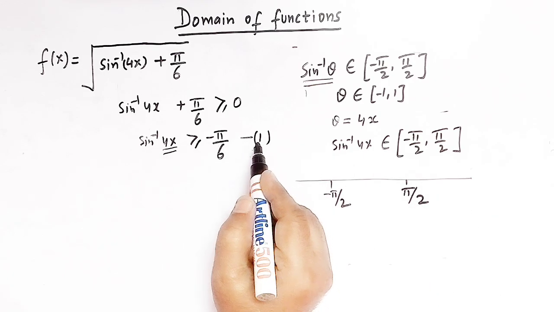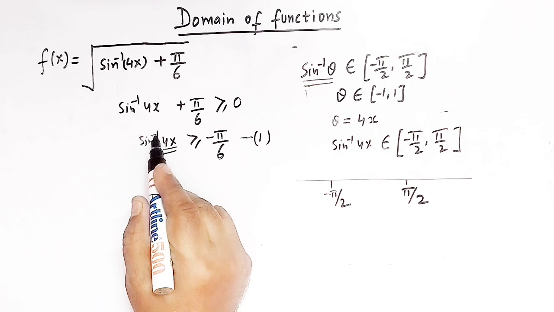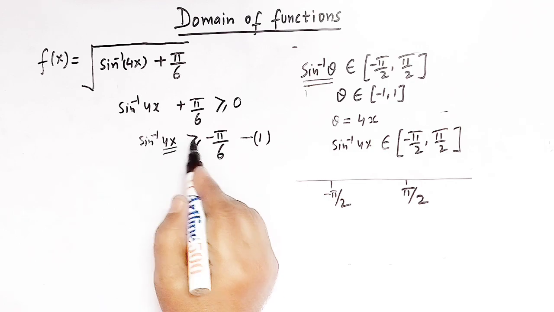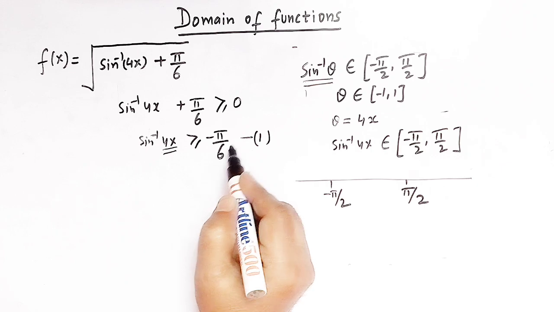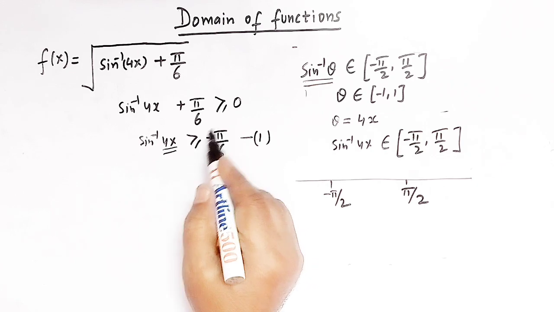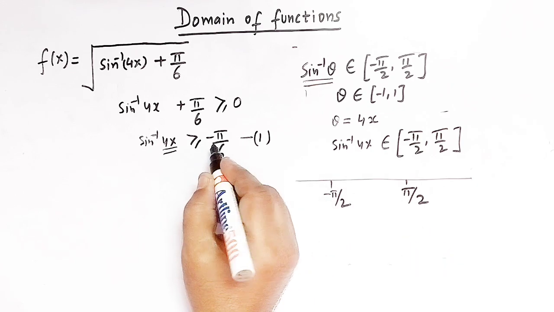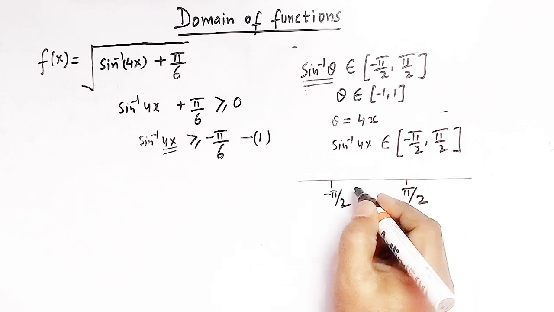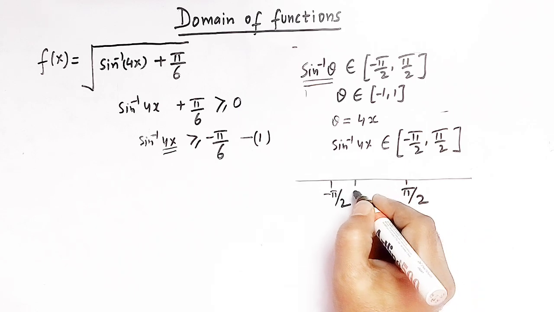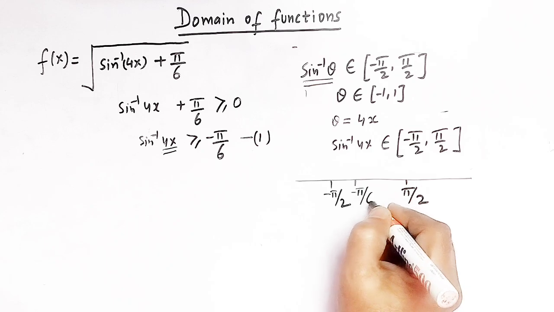Now see, from this inequality, sine inverse 4x should be greater than or equal to minus pi by 6, right? So here it is an important point to note that minus pi by 6 lies between minus pi by 2 and pi by 2. So here we have minus pi by 6.